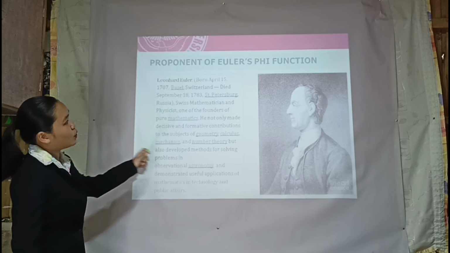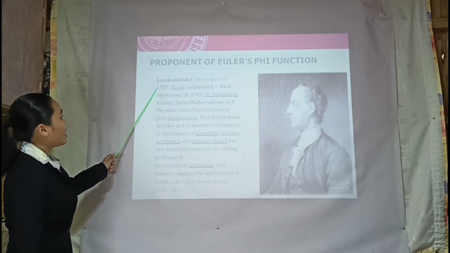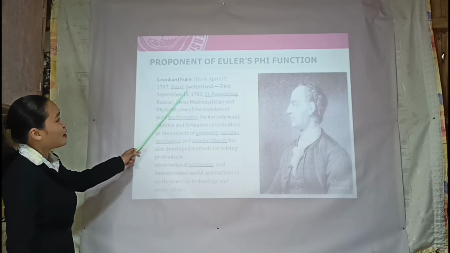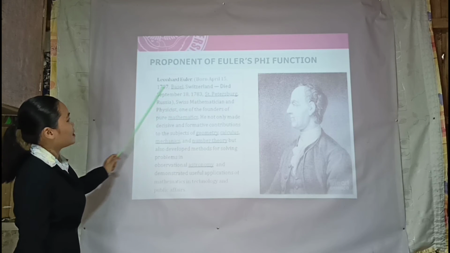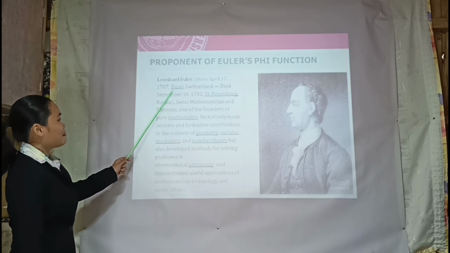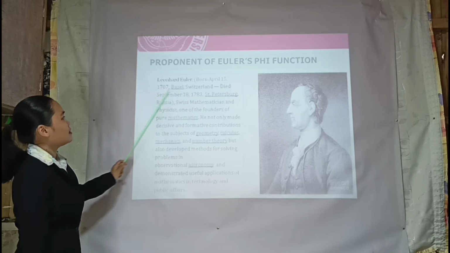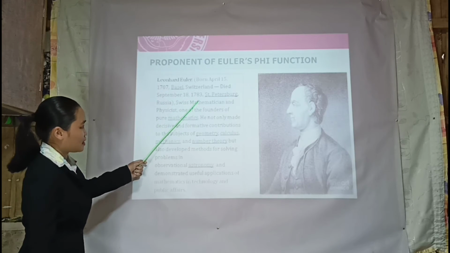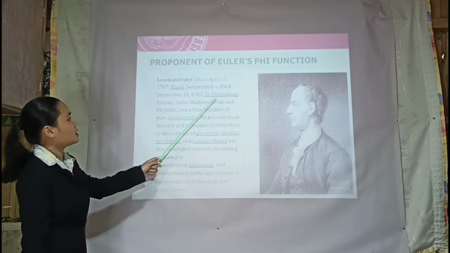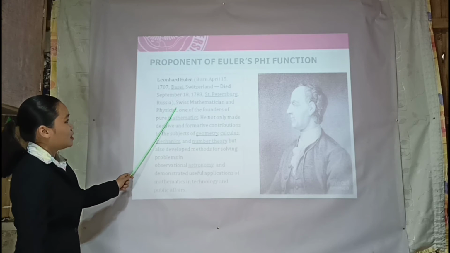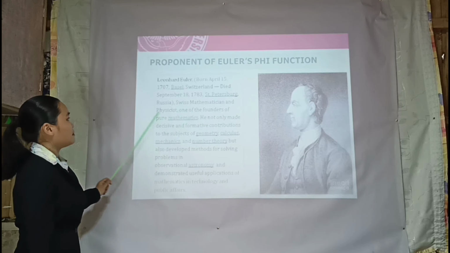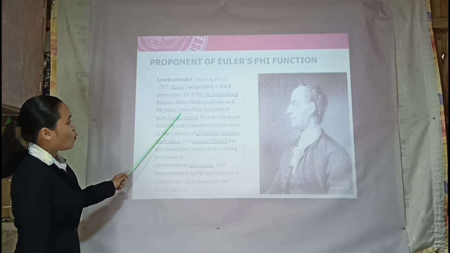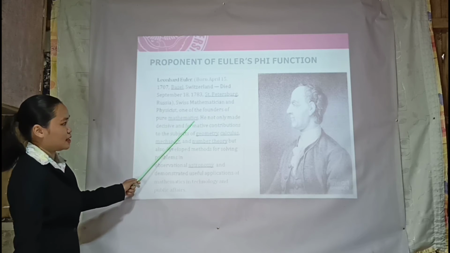The proponent of Euler's phi function. We have Leonhard Euler, born on April 15, 1707 in Basel, Switzerland, died on September 18, 1783 in St. Petersburg, Russia. He is a Swiss mathematician and physicist, one of the founders of pure mathematics.